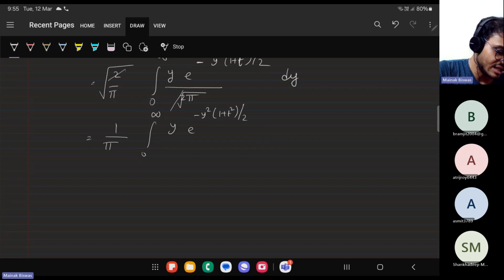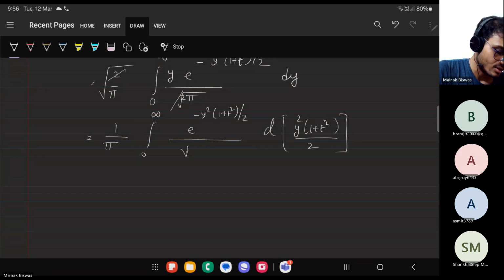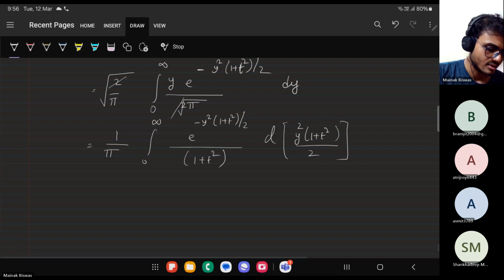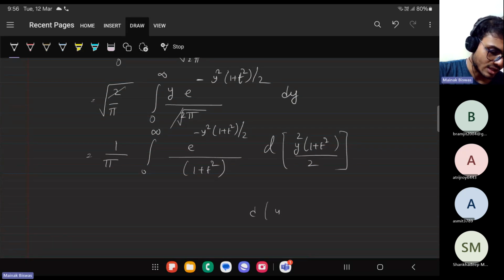Can I write this as dy over (1 plus t squared) by 2, and divide by 1 plus t squared? What is the derivative of y square times (1 plus t square) by 2?